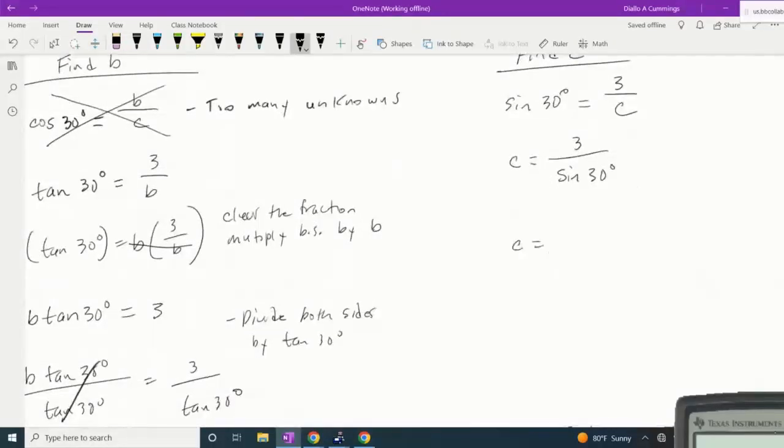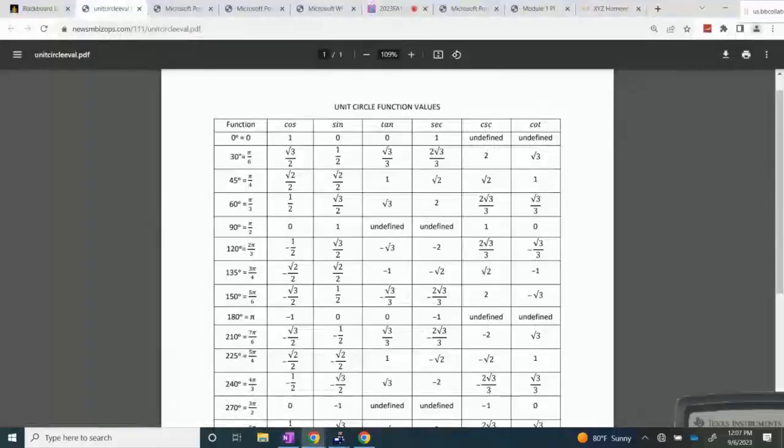All right, so C is equal to 3 divided by... and if we locate 30 degrees, the sine of 30 degrees is 1/2, so we don't have to worry about the radical thing.